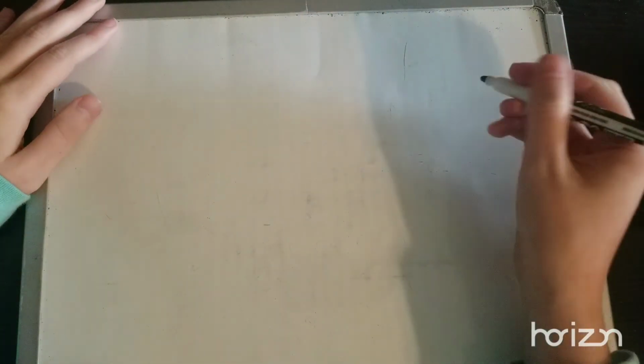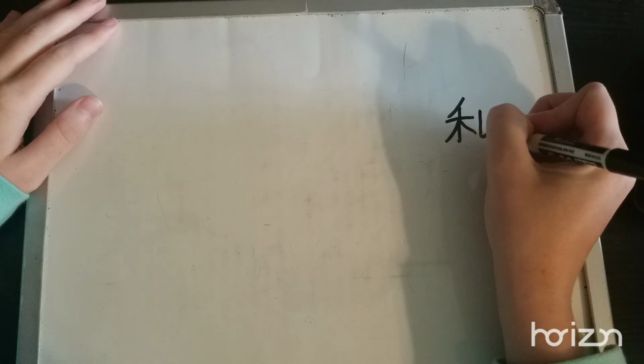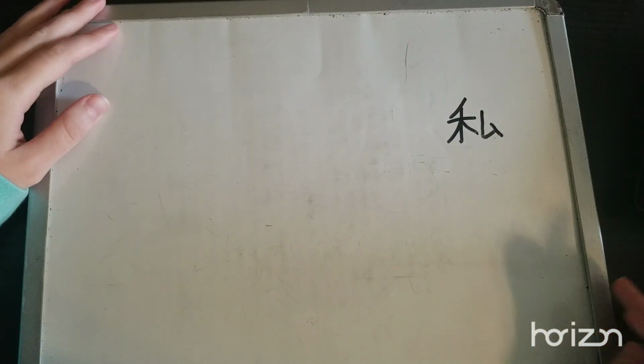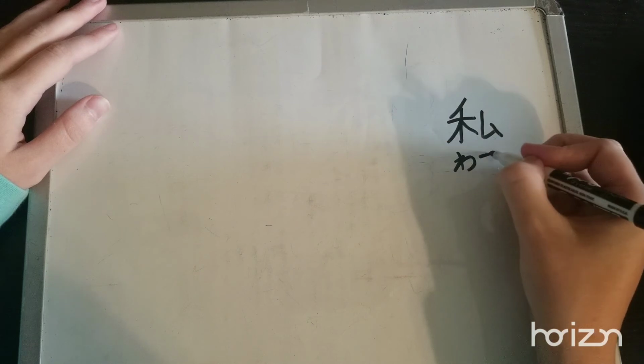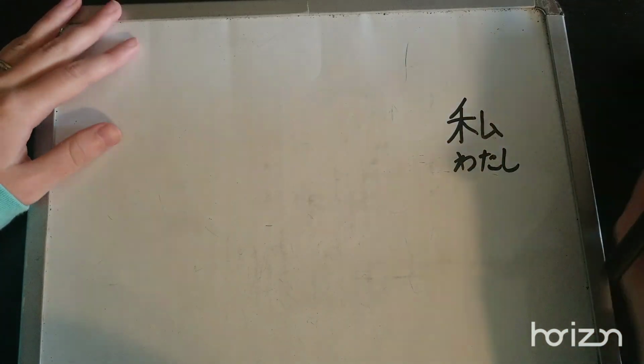And then our recognition kanji is watashi, which looks like this. You just have to remember that this is watashi, and you do not need to know how to write it yet.